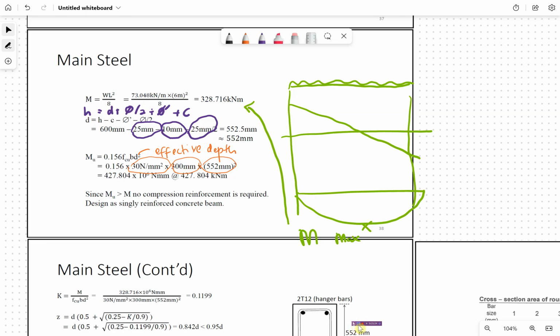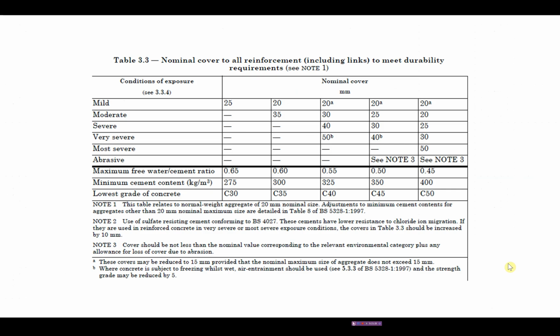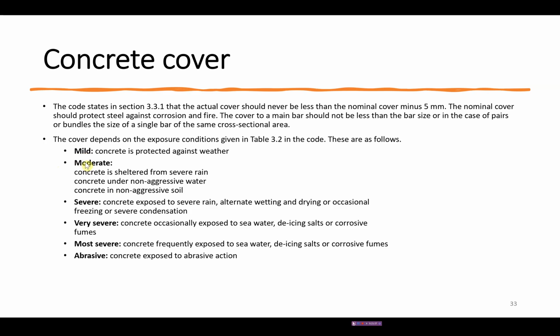Where I get the value of that concrete cover 25 mm tadi, okay, it is basically from this table. If you see dalam soalan, it says that the concrete cover is mild only. The concrete is protected against the weather. So ada a few type of exposure conditions yang we must consider bila kita design. And in our case here, it says it is only mild.